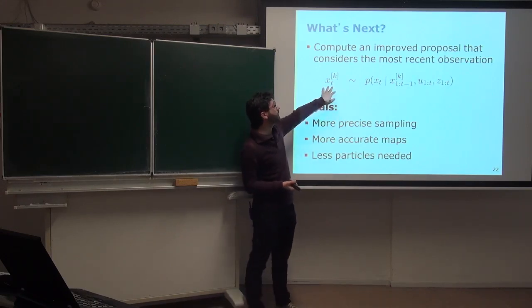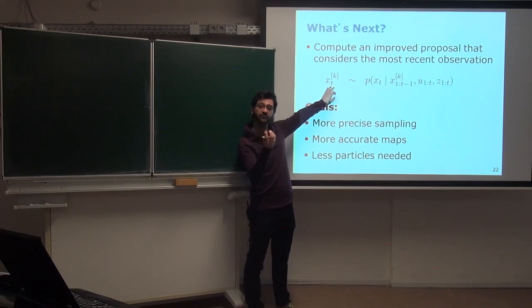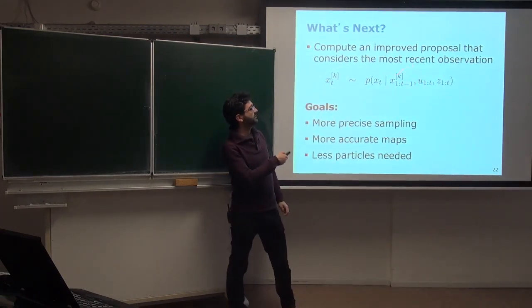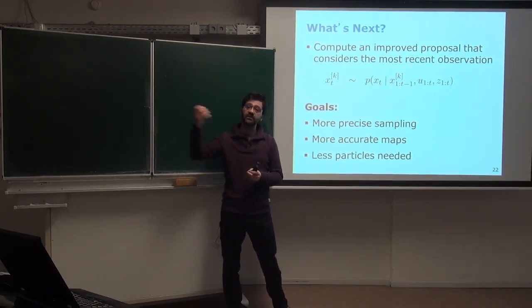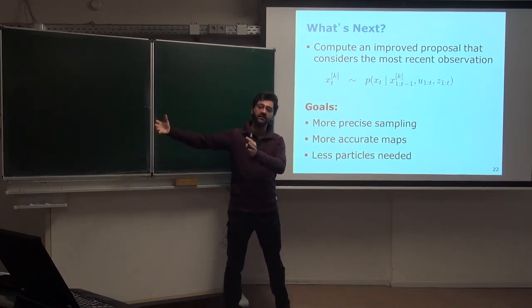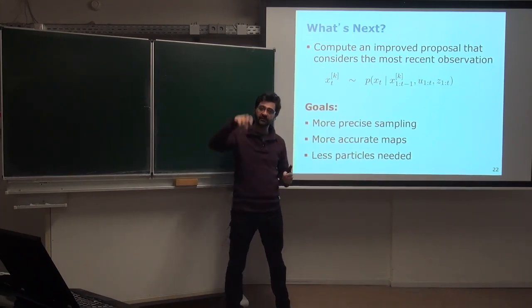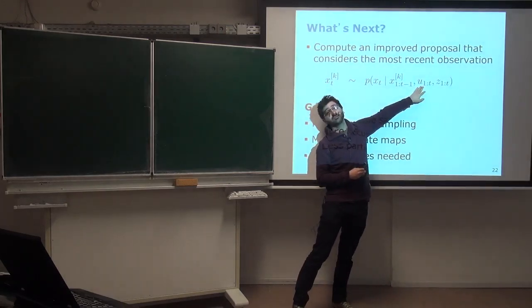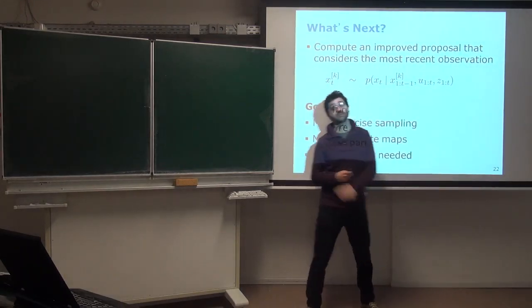So ideally we would like to sample the new pose of the trajectory from this distribution here. We would like to sample from the distribution that is conditioned on the previous samples that we have. Remember, we don't throw away the previous samples, but we build this trajectory step by step by adding small samples to the previous one. And we want to use all the controls and all the measurements that we have so far.